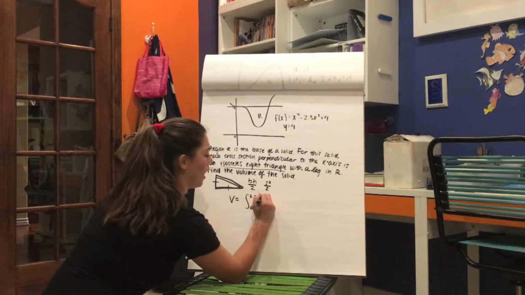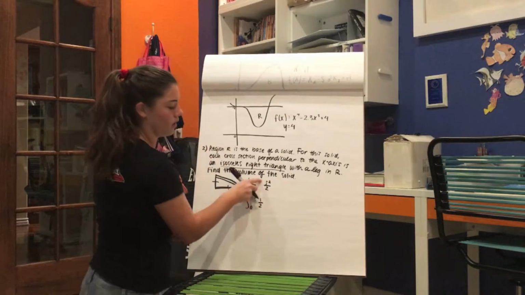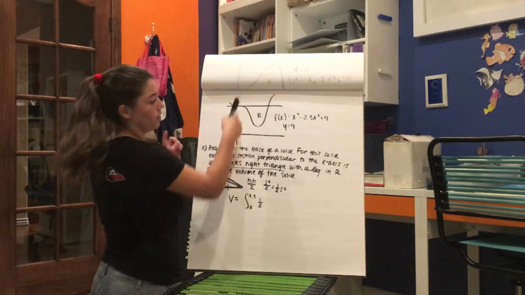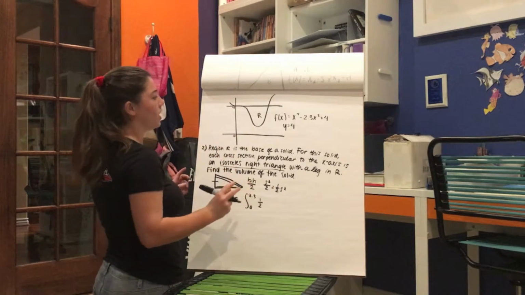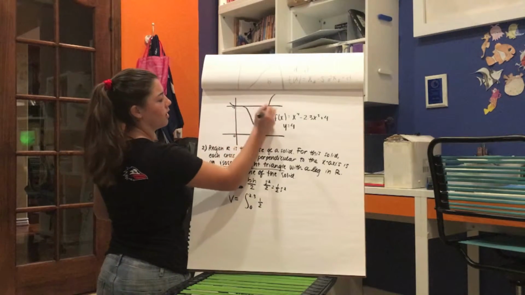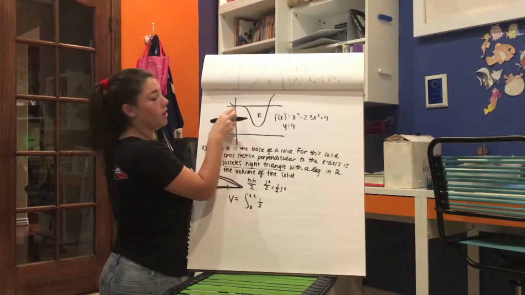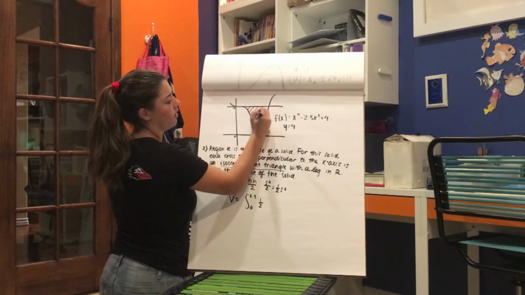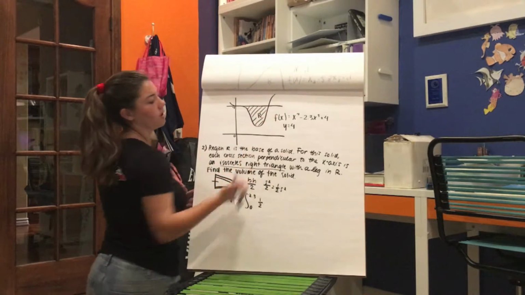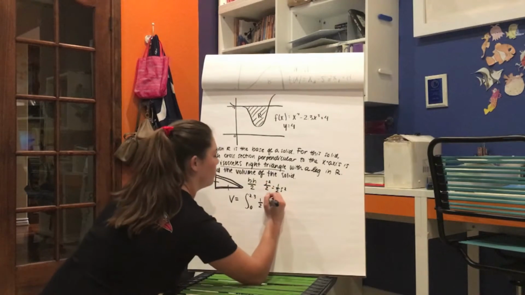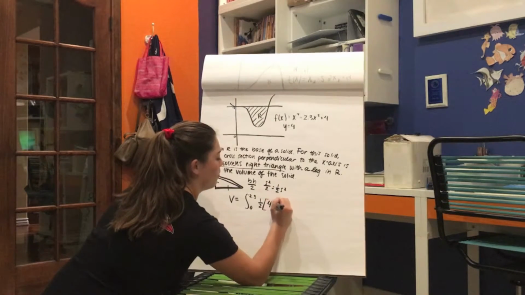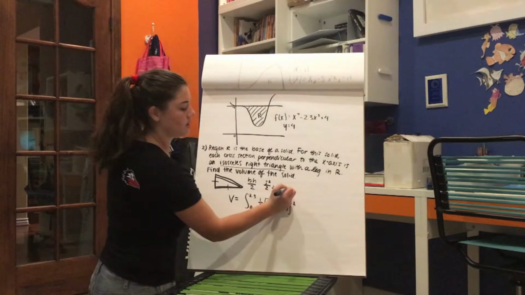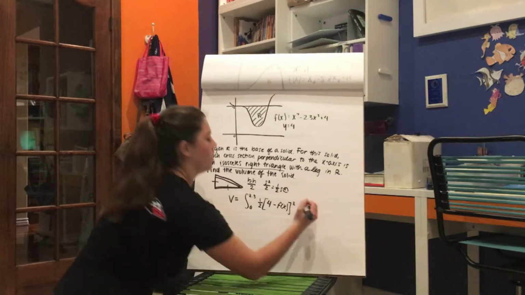You pull out this 1/2, so it's 1/2 side squared, or your region R squared. To find R, this length here, it's going to be 4 minus f of x. So you're going to do 1/2 times 4 minus f of x squared, because it's side squared, and then dx.